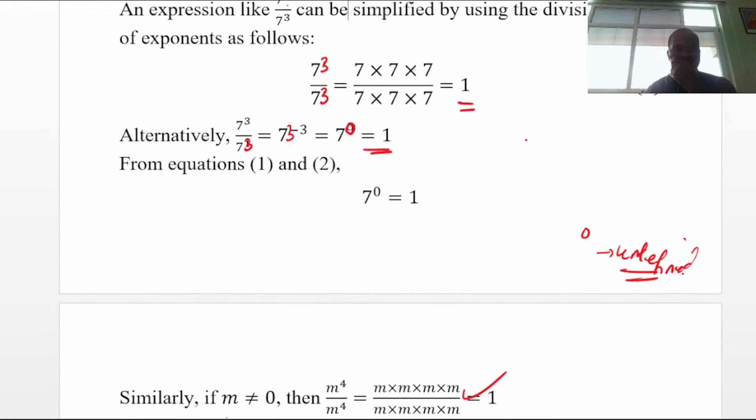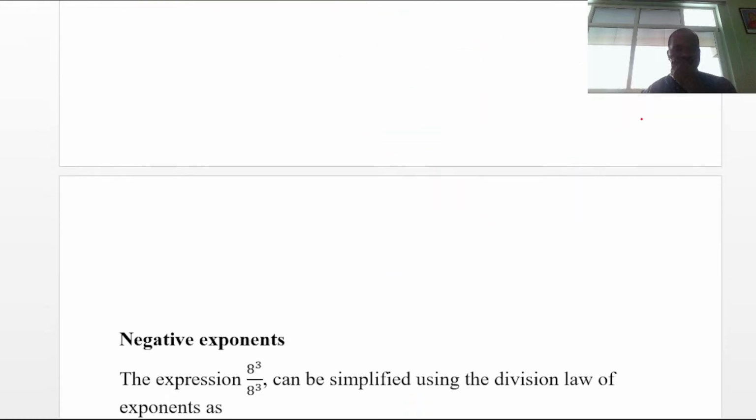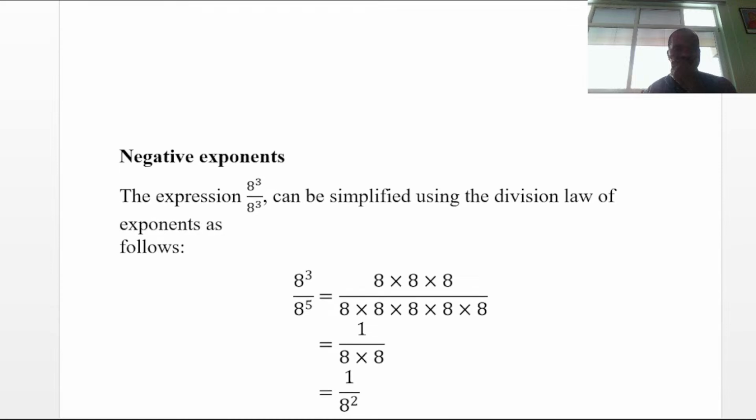Before we come to the end of the session, I'd like to highlight another important piece of information. It is not a new rule, just to give you an idea of the discussion here. Let us see negative exponents.